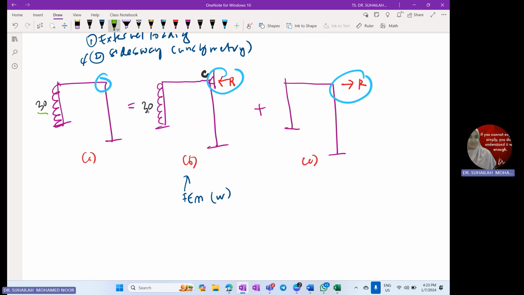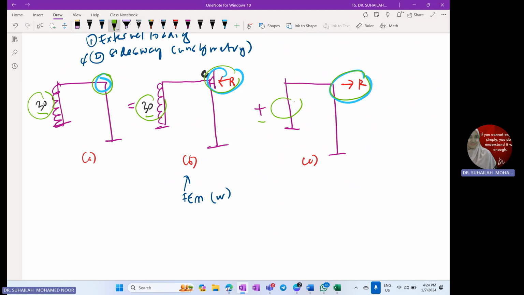So the same goes for R. This one is 0 plus 0, equal to negative R plus positive R, so we get back 0.